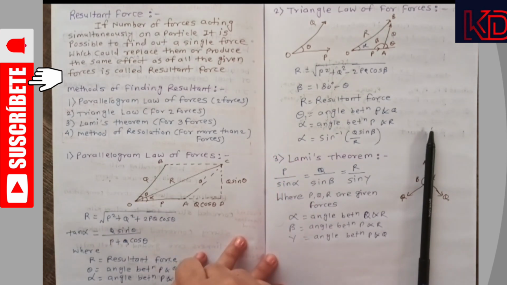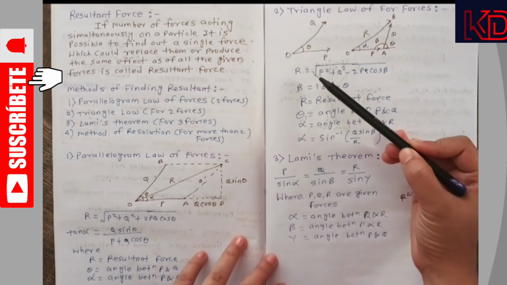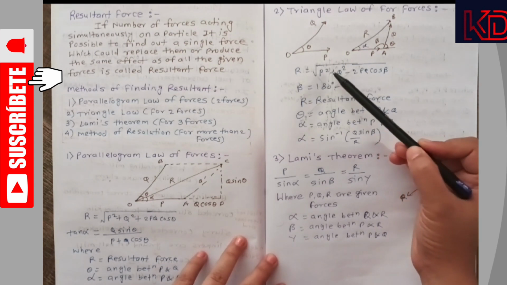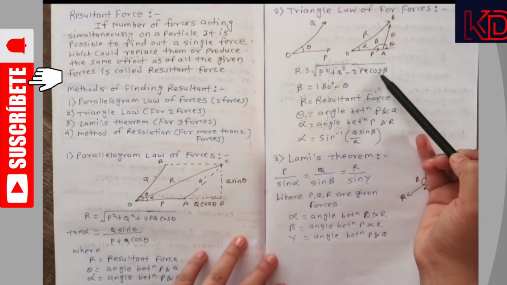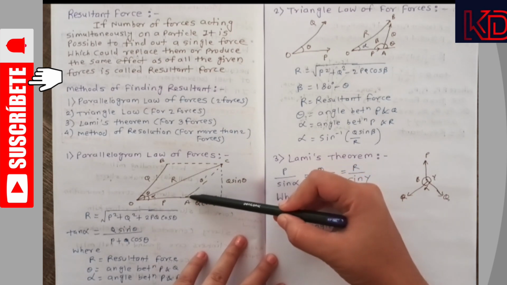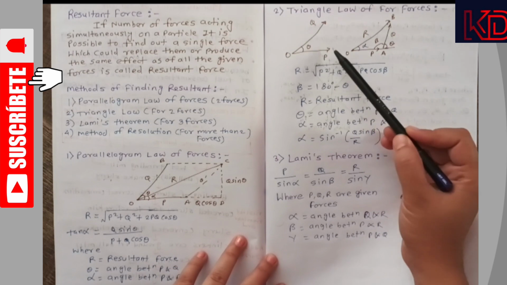Triangle law of forces, the second method. Here I have listed the formula: R is equal to under root P square plus Q square minus 2PQ cos theta. Here you can see that in the parallelogram we have added one triangle, and here we have removed one triangle.